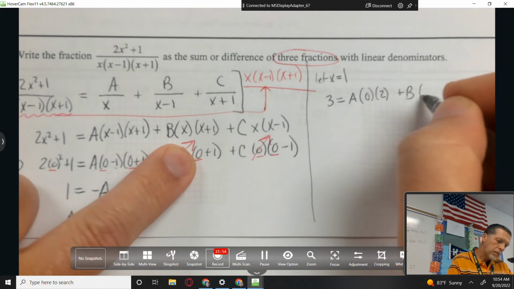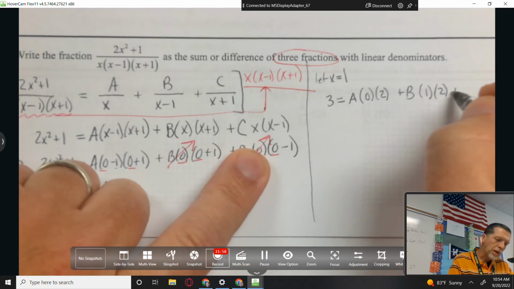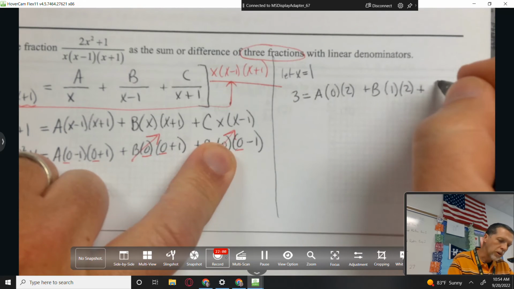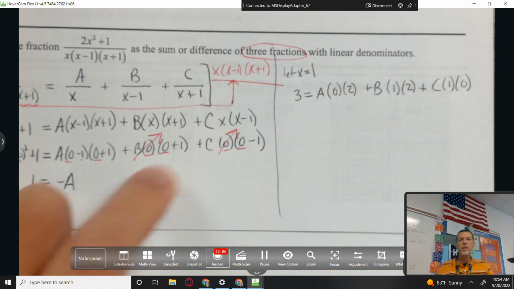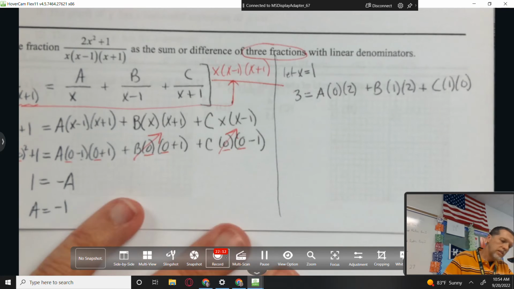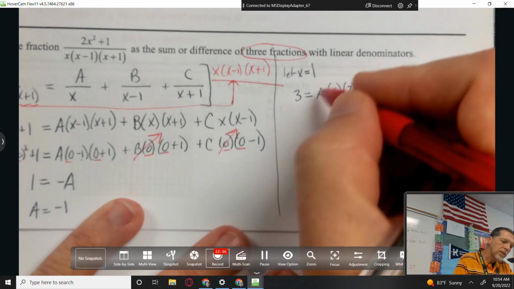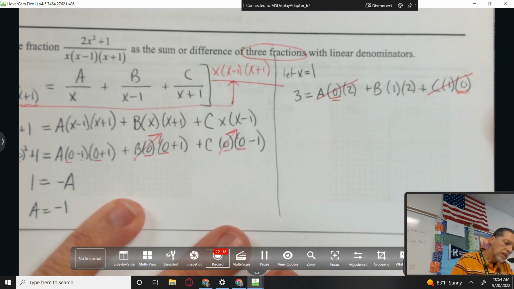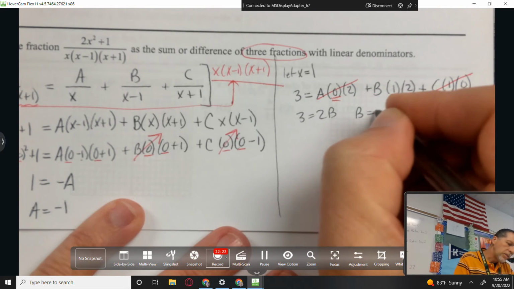B times 1 times 2. It might even be easier to do a little work in your head here. C times 1 times 0. Yeah, that's a little bit of work in your head, and it looks a whole lot neater. And the zeros is why Emma picked x equals 1. So b equals 3/2.